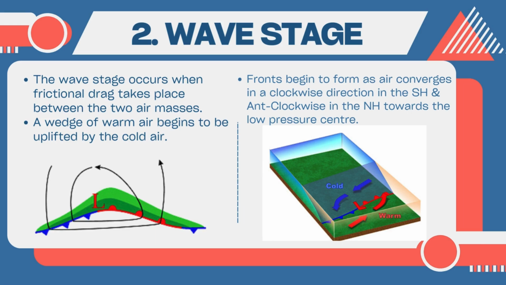Fronts begin to develop as the air converges in a clockwise direction in the southern hemisphere and an anti-clockwise circulation in the northern hemisphere. You can see here that both of these diagrams again show the formation of mid-latitude cyclones in the northern hemisphere. As you can see, the air circulation is anti-clockwise around the low pressure.